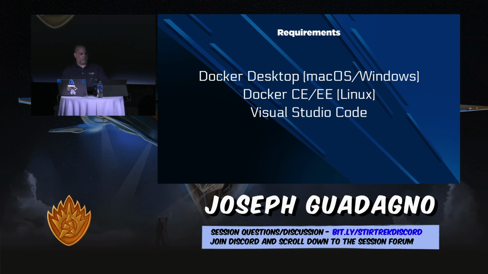You need Visual Studio Code, although now you can actually do it from JetBrains Rider also. And Visual Studio doesn't work yet, so eventually they'll get to it. And then you need the Dev Containers extension. If you played around with this in the earlier days, it was called the Remote Containers extension. And actually, if you look at the extension in Visual Studio Code, the code name is remote containers instead of dev containers.